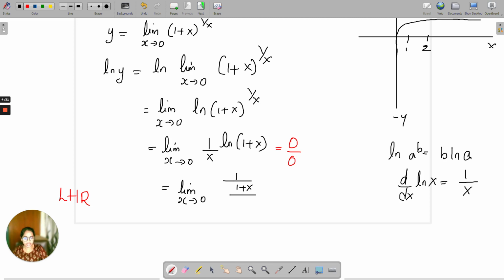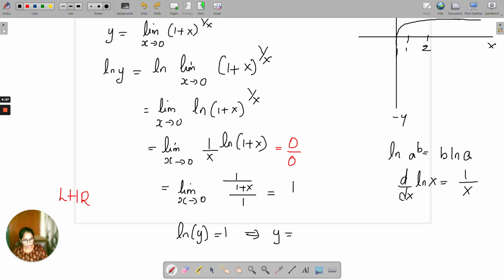Divided by differentiation of x with respect to x, which is 1. Now by applying the limit, I would get 1 divided by 1 plus 0, which is equal to 1. So we arrived at ln y is equal to 1. So can I write it as y is equal to e?